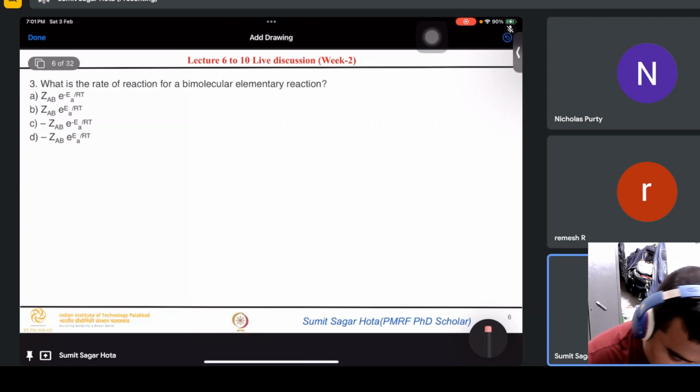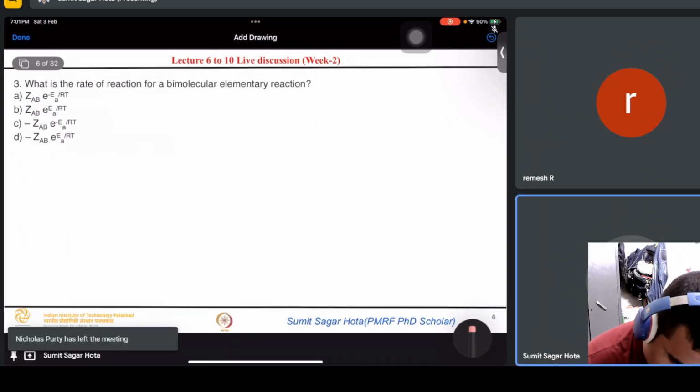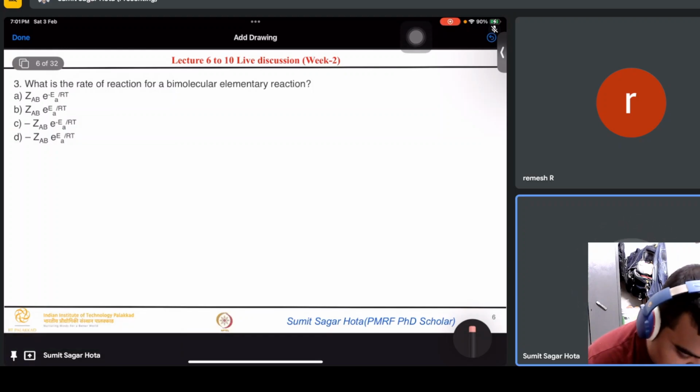So where is the difference? Only in the plus sign and minus sign. If you see options A and B and options C and D, there is a difference in the sign of the exponent: e to the power plus E_A by RT and e to the power minus E_A by RT. This is the expression.